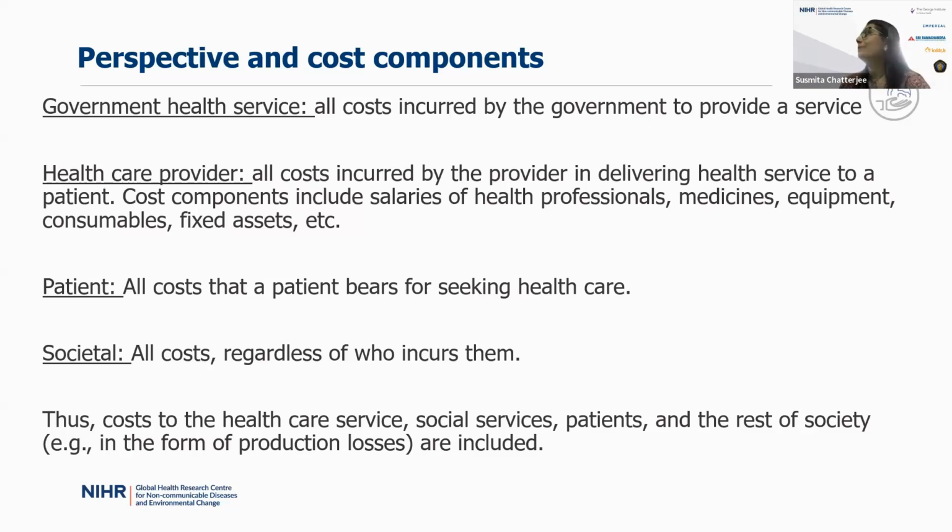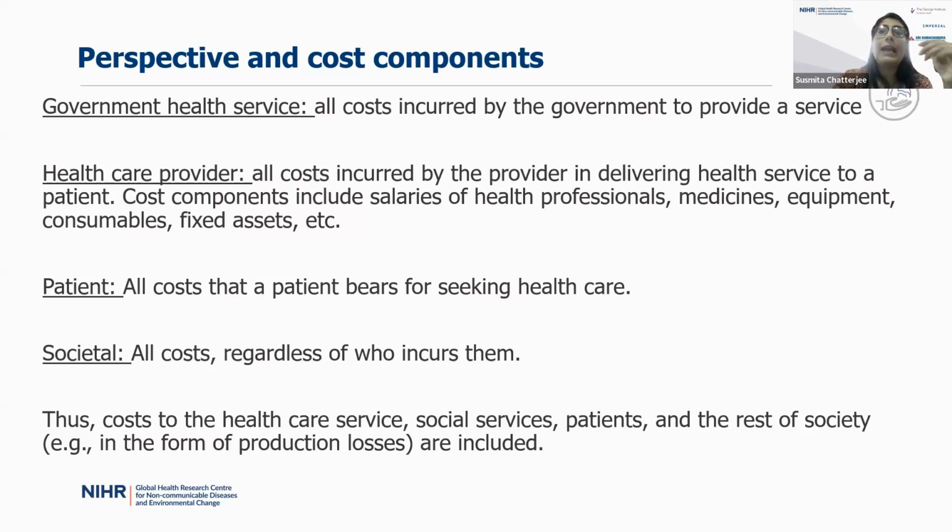Suppose I'm giving another example to make you understand. Suppose you are calculating the cost of childhood vaccination. It is a government cost because the government gives the vaccine. It's also the patient cost, meaning our cost, because we are taking our children to the vaccination center. We are spending money and our time, etc. So all this is perspective.